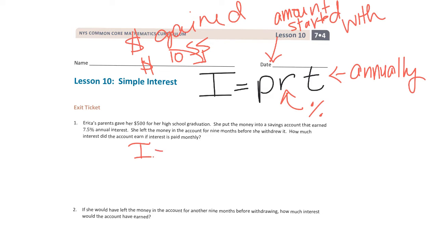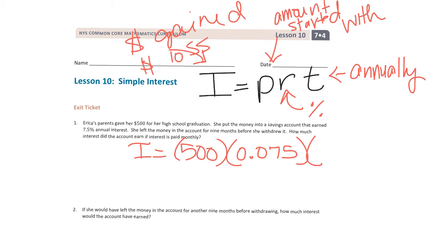So her interest is equal to the principal, 500, times the rate. The rate is 7 5/10%, so 7 5/10 over 100, or as a decimal, 75 thousandths, and times the time. And the time is the amount of years.